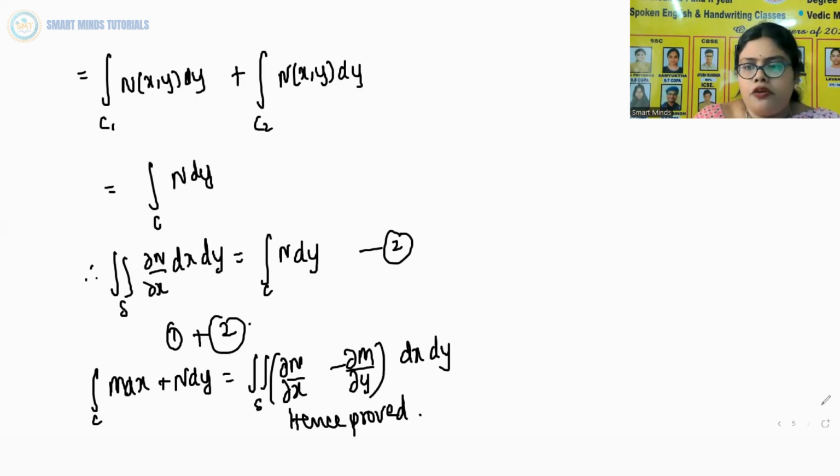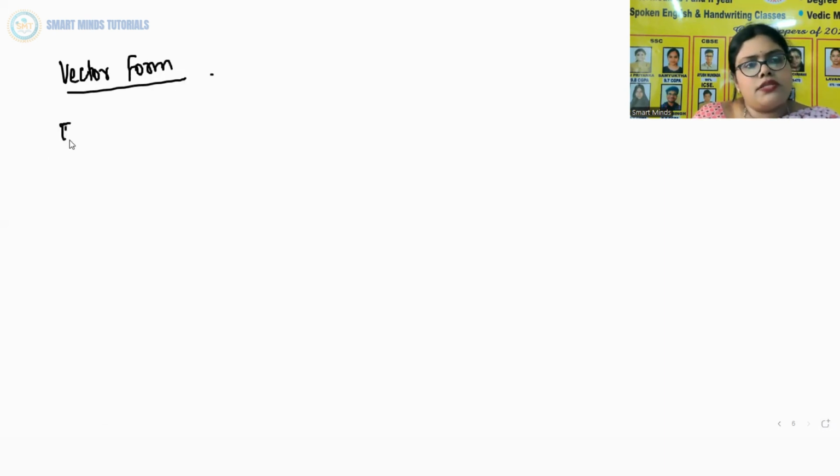Now we will continue with the vector form of Green's theorem. So what is the vector notation?